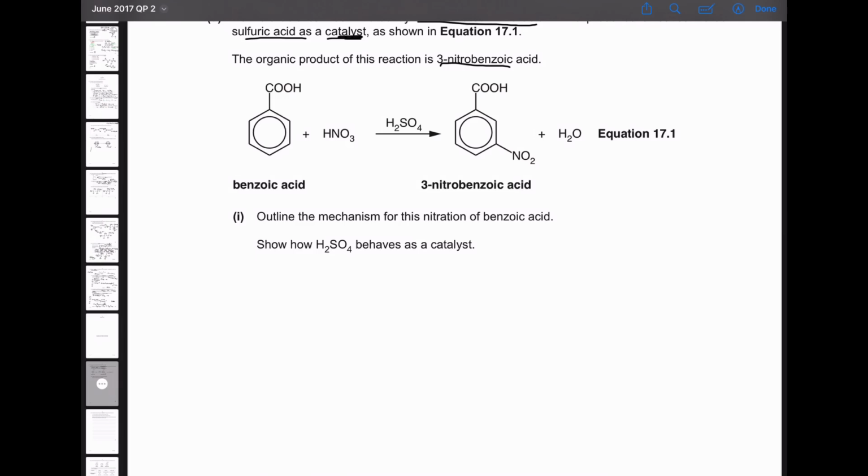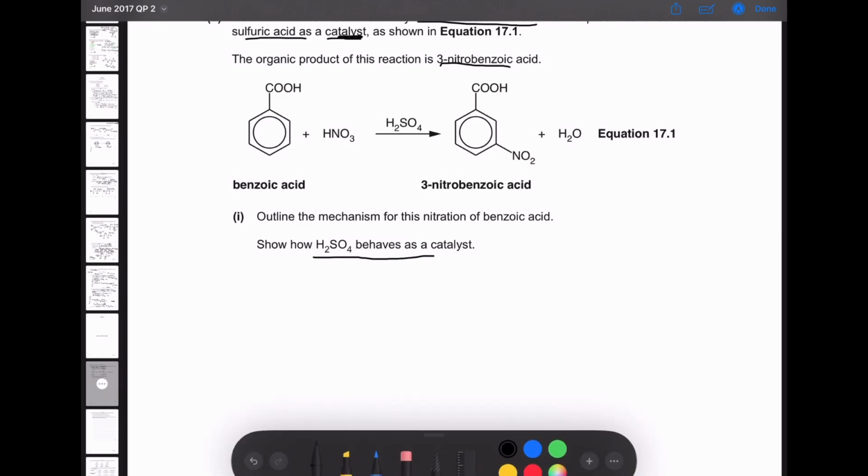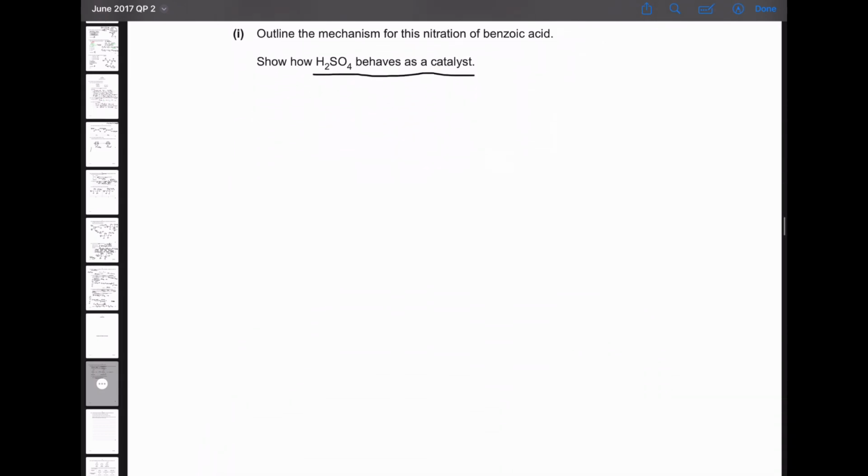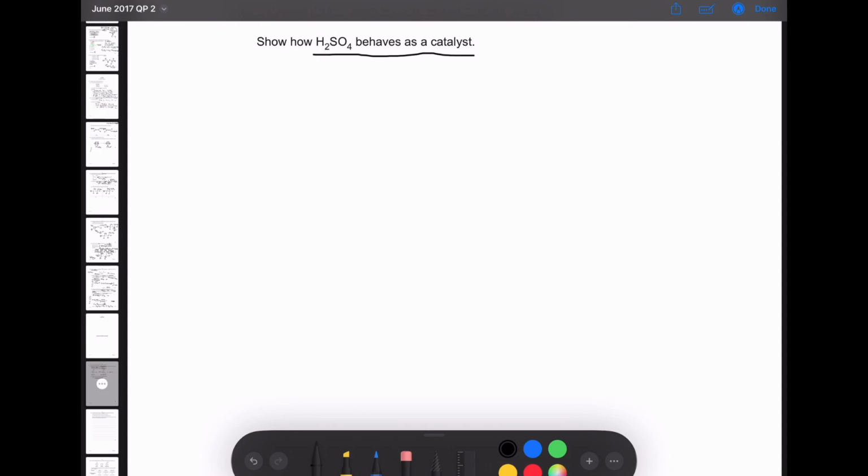Outline the mechanism for the nitration of benzoic acid, and this really crucial part, show how H2SO4, or sulfuric acid, behaves as a catalyst. So our first step is we take our H2SO4 and we react it with our nitric acid, and we need to generate NO2+ because we're nitrating a benzene ring.